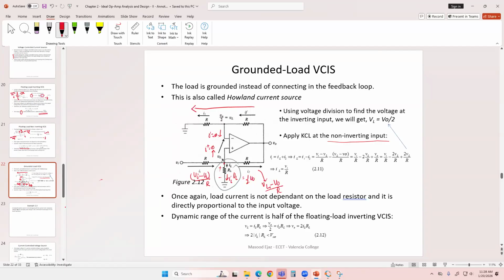So the 2 VL over R and this negative 2 VL over R cancel each other out, and our load current is equal to V input over R. That's what you see over here.